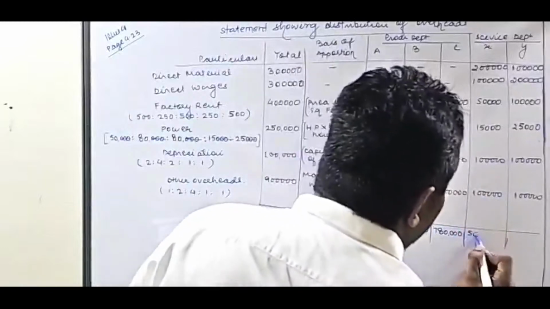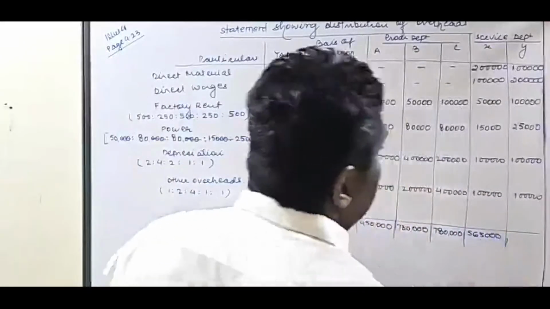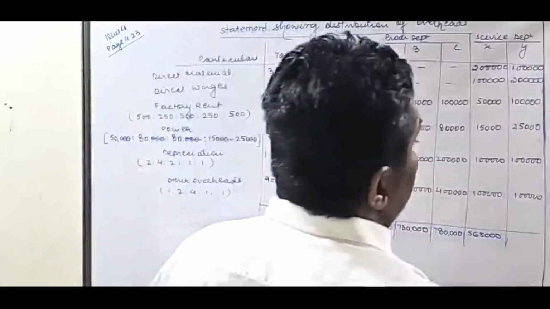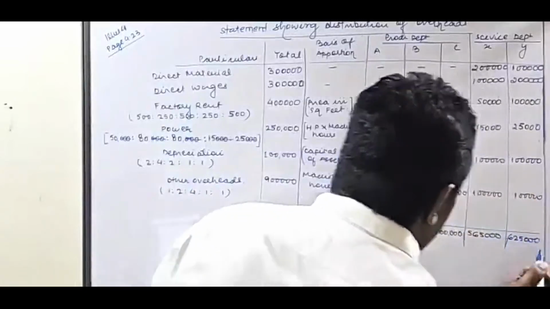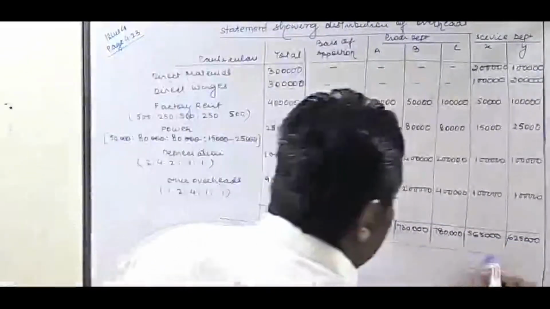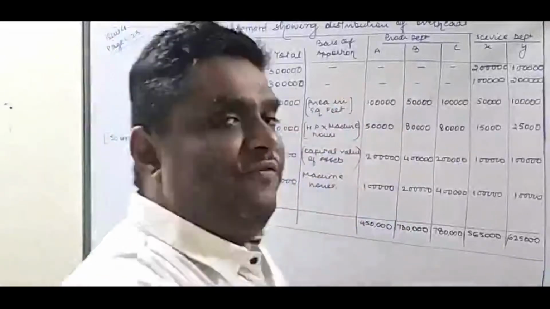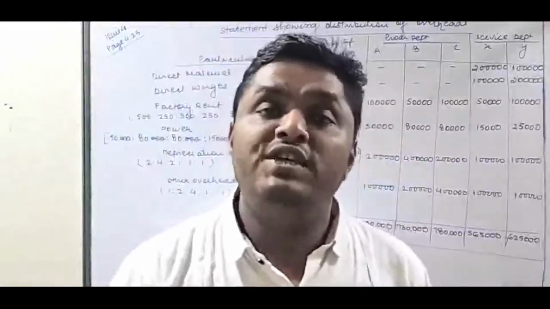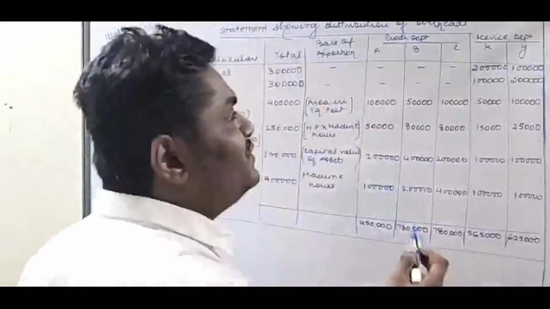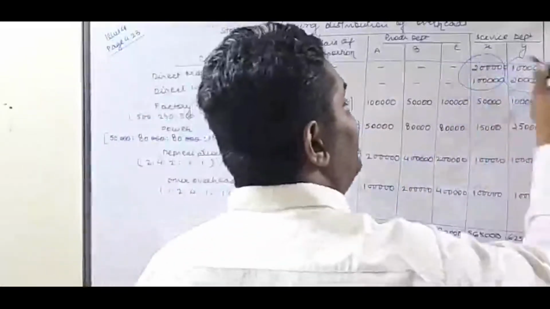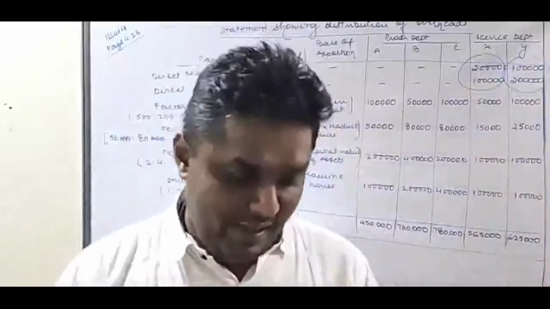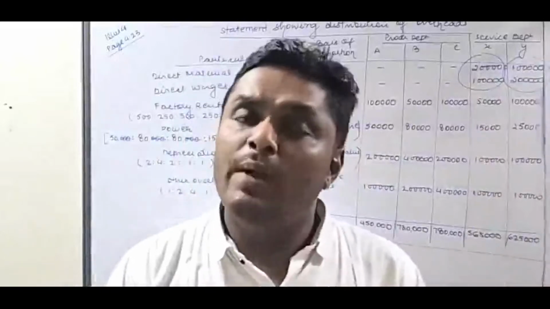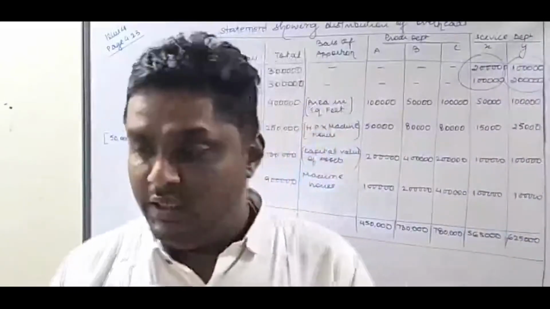This will be 5,65,000. And this will be 6,25,000. So this is the final overheads after allocation and apportionment. These two overheads we can say are allocated, and all the rest we have apportioned. If you guys have any doubts with allocation or apportionment, please post your queries.